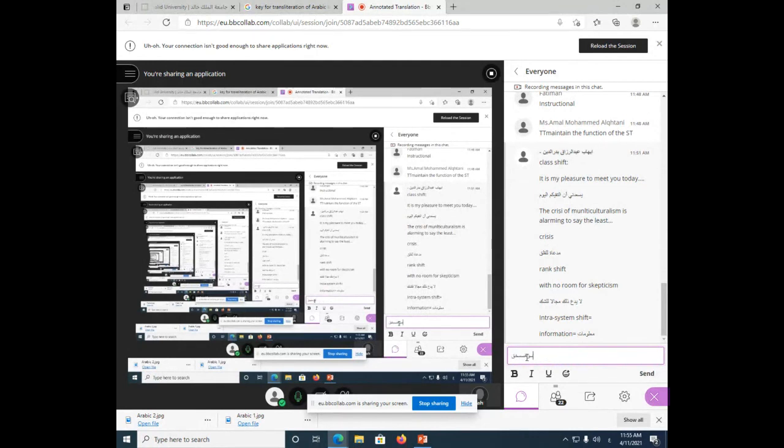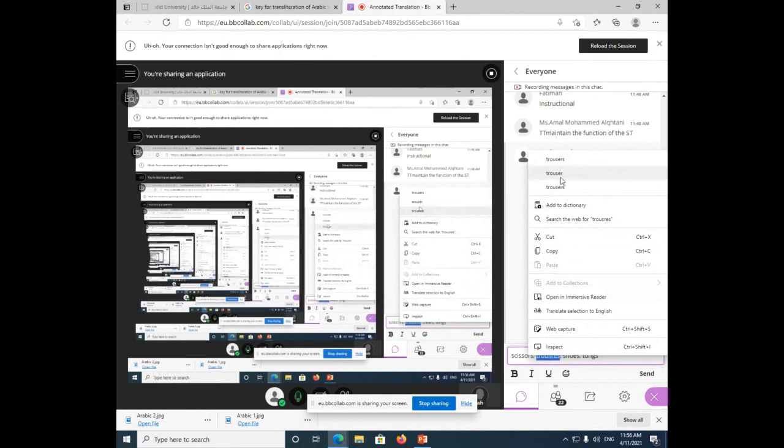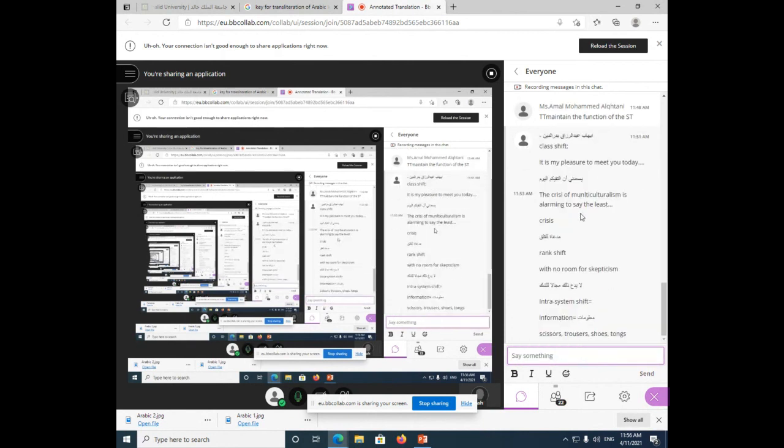The same with scissors, trousers, shoes, tongs, etc. All these are dealt with as plural in English. So we say, my shoes are expensive.